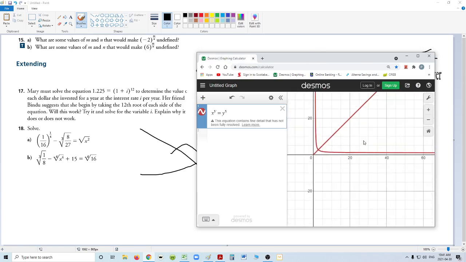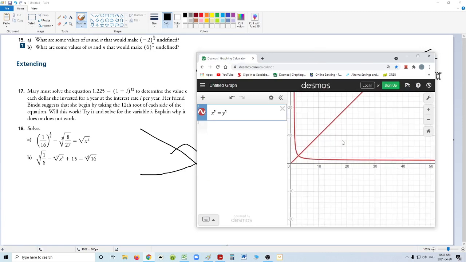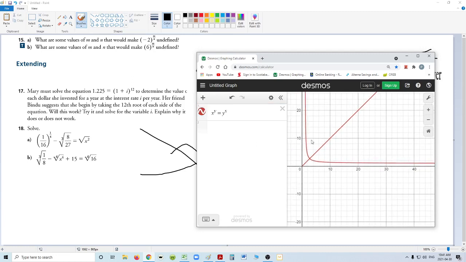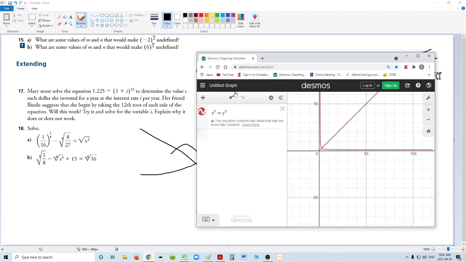Yeah, so some things can't be resolved. Graphically, it doesn't really resolve it for me.